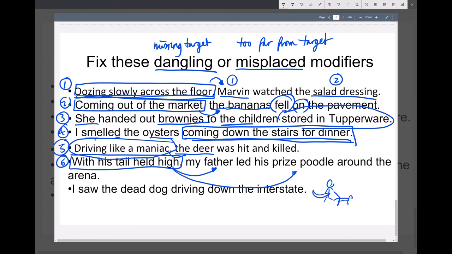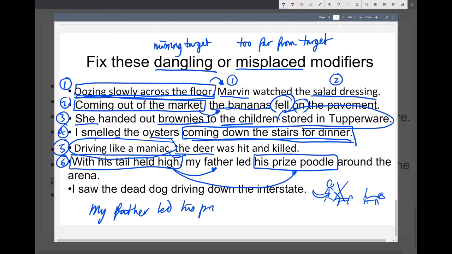But really, it's the dog that has his tail held high. The dog is proud. So, to change it, you might need to write something like this by placing the modifier in the right spot, at his prize poodle. So, my father, and keep this part, led his prize poodle, and then we can add the modifier, with his tail held high.